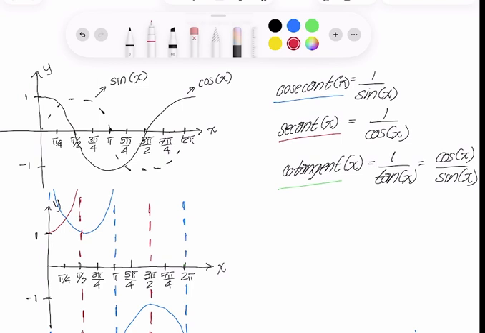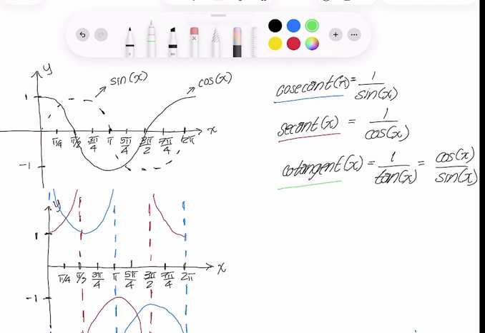Then from pi halves to 3 pi halves, it's negative, so it's going to go from negative infinity to minus 1, and then goes to negative infinity again. From 3 pi halves to 2 pi, it's positive, so it's going to go from infinity down to 1.